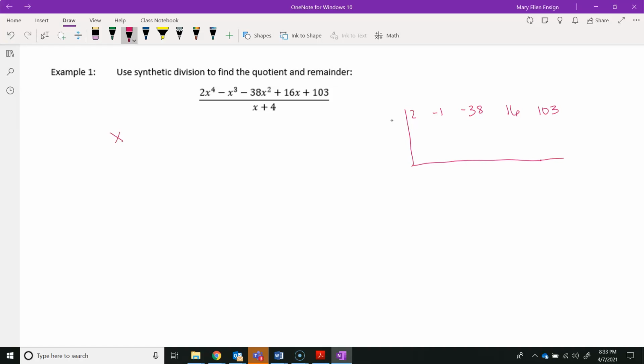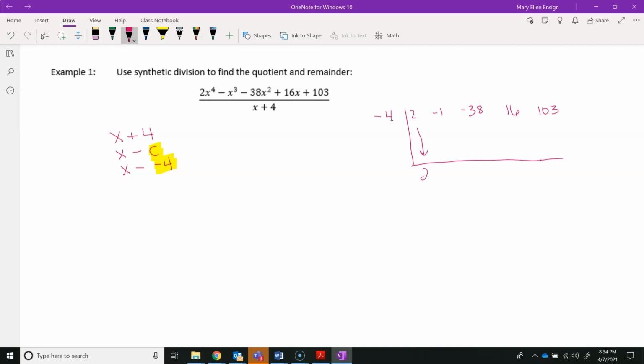Now, if I look at this divisor, I have x plus 4, but I need this in the form of x minus c. So I can think of this as x minus -4, right? Then my c is -4, because now everything matches up. So I'm going to have a -4 out here as my divisor part.